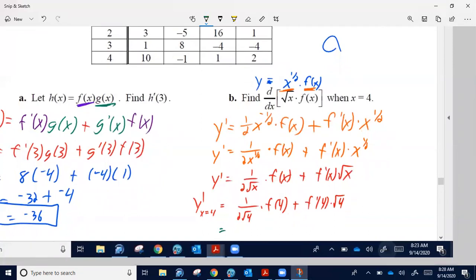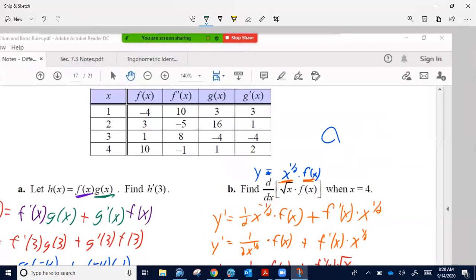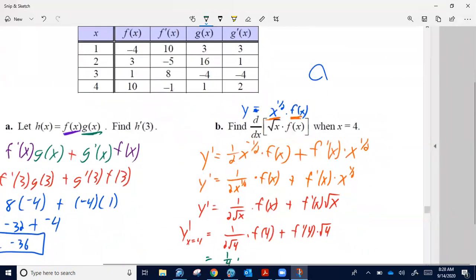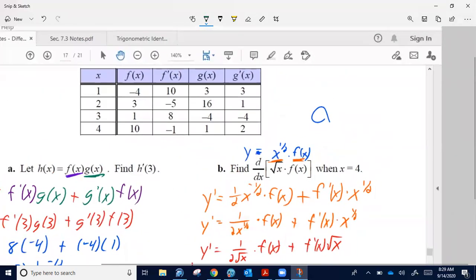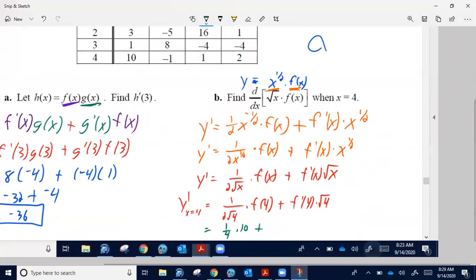Radical 4, we can calculate that. That's a 2. 2 times 2 is 4. 1/4 f of 4. F column 4 for the x gives us an answer of 10. 1/4 times 10 plus f prime of 4. F prime column 4 for the x gives us an answer of -1 times radical 4 is a 2.